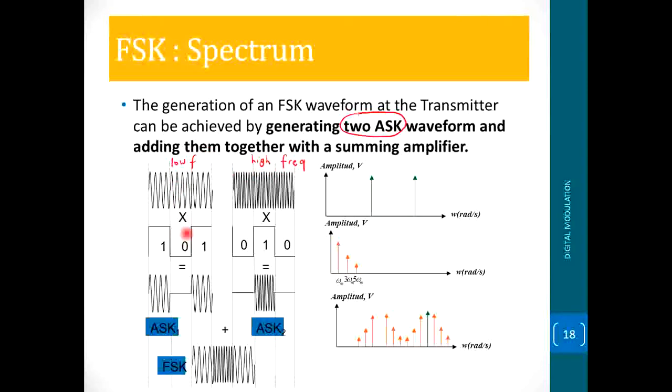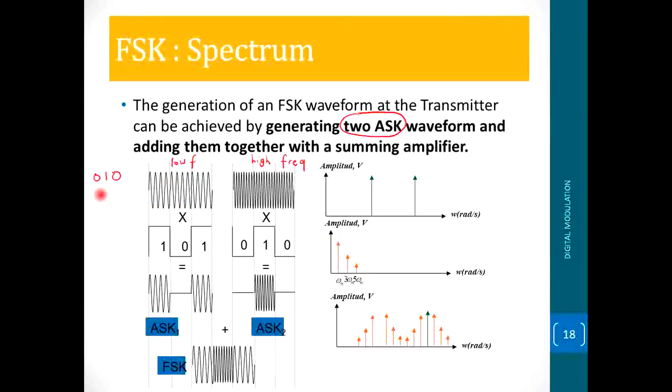Okay, for the low frequency, for example, you have the signal, here is 0 1 0.